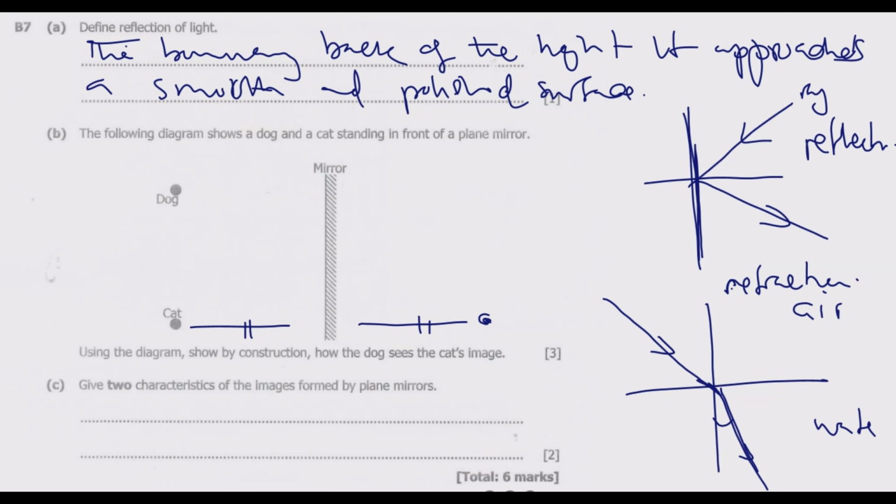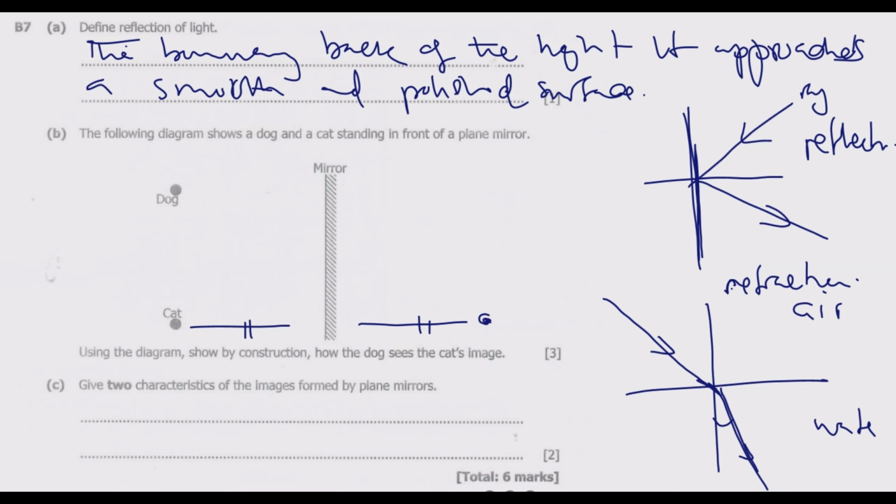That's one thing. So now for you to draw the diagram, what you need to do is use a ruler and construct the rays. So the rays will be moving from the cat to the dog.